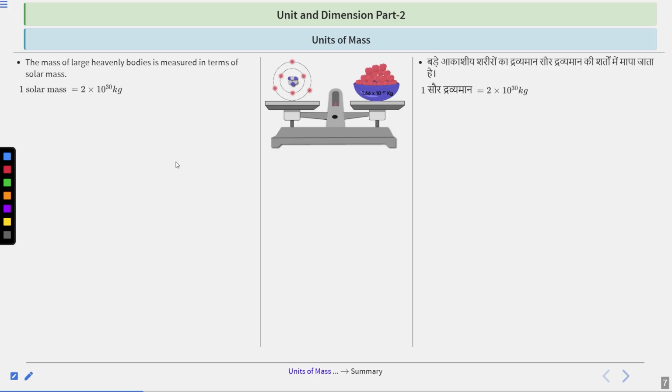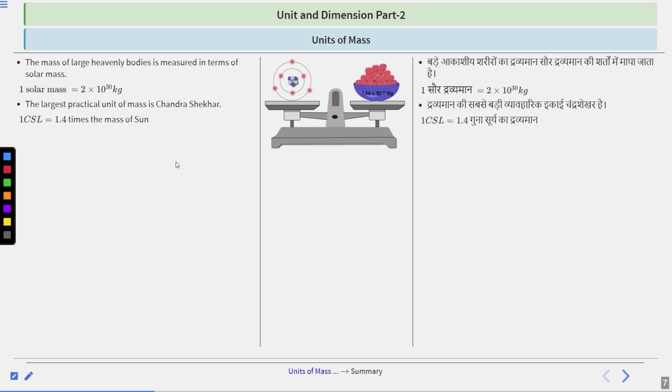One solar mass equals 2 into 10 power 30 kg. The largest practical unit of mass is the Chandrasekhar limit, and one Chandrasekhar limit, represented by CSL, is 1.4 times the mass of the Sun.